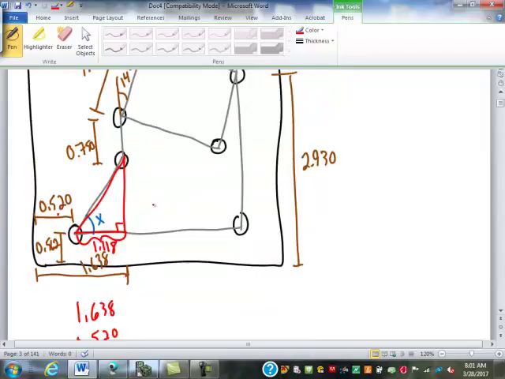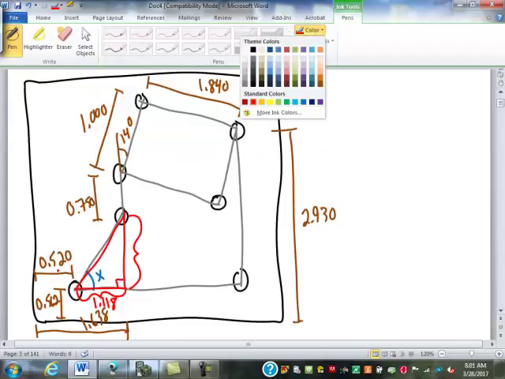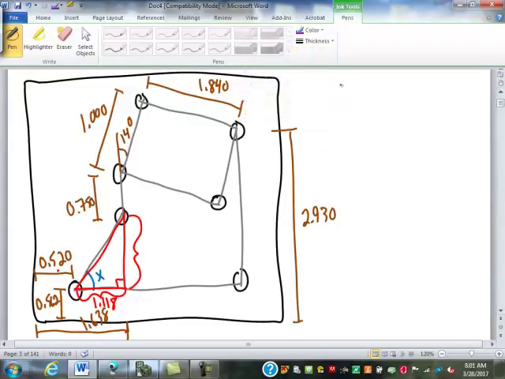So the real trick is going to be finding this dimension. So we have the 2.93 all the way up here. From here to here is going to be 2.93 minus the 0.562. So I'm going to subtract that 0.562 off. So 2.368.